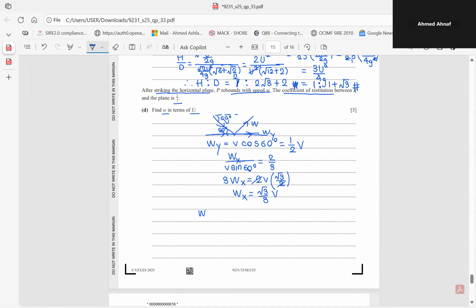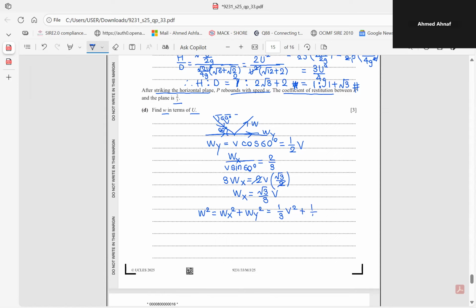Okay, and then for W squared, we can just get by using Pythagoras theorem, WX squared plus WY squared. So WX squared, that is 3 over 9, which is 1/3 V squared, and then WY, that is 1 over 4 V squared. So putting it into a calculator, you would get 7 over 12 V squared.